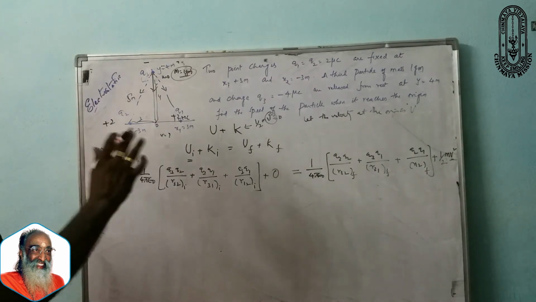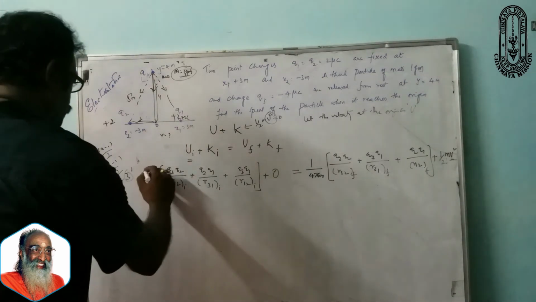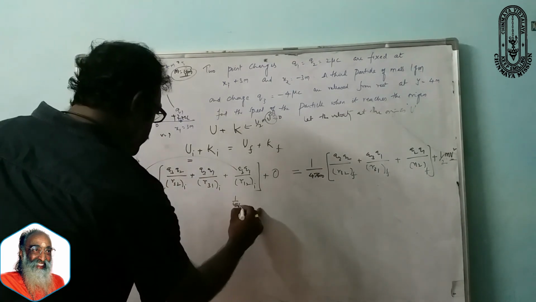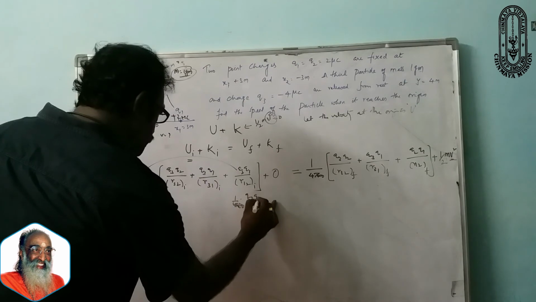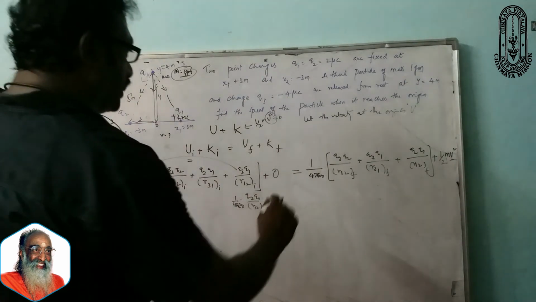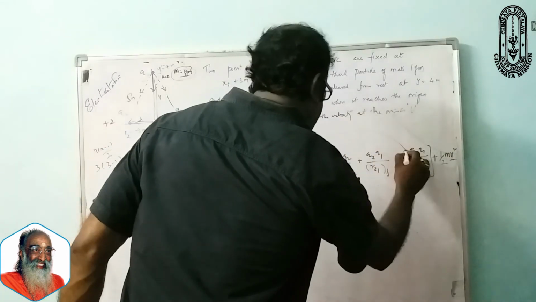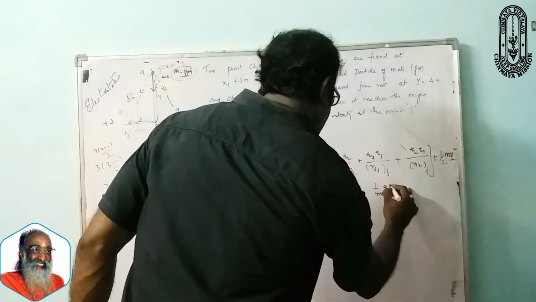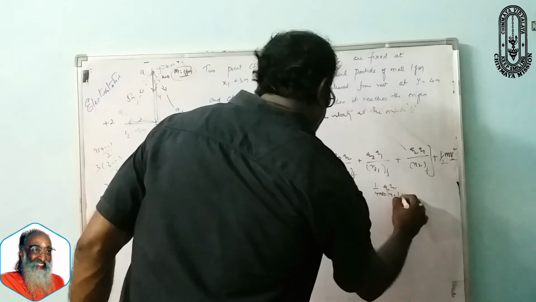Just look into the equation once here. If you are going to multiply this, we are going to get 1 by 4 pi epsilon naught Q2 Q1 by R12 initial. And here also, if you multiply with this, we are going to get 1 by 4 pi epsilon naught Q1 Q2 by R12 final.